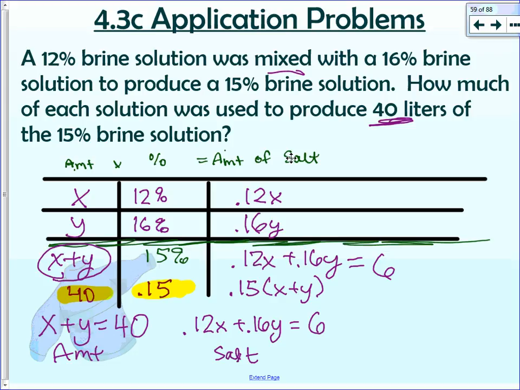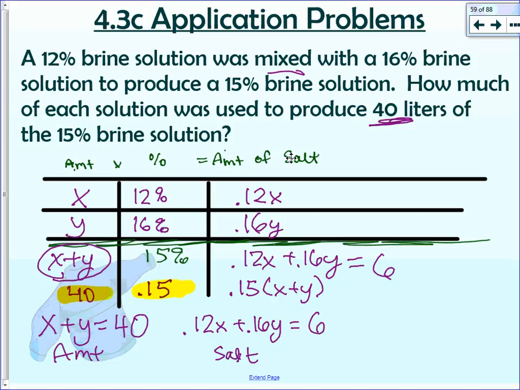Easier? So you're not going to use the other equation? So this equation right here, this 0.15x plus 0.15y, I think you can use that as well.